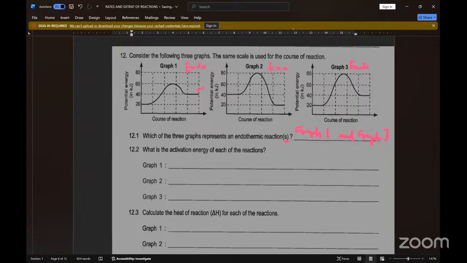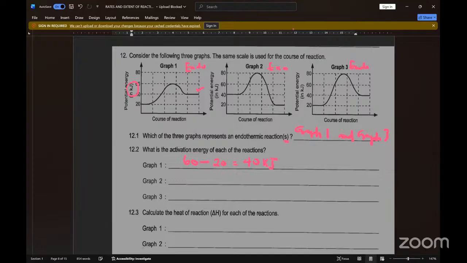So for graph one, the top, the maximum energy there, that is the energy of the activated complex, is 60. So it says 60 minus where the reaction started. The energy of the reactant is 20. So that gives you 40. And then you check the units here. The unit is kilojoules. So you write kilojoules.